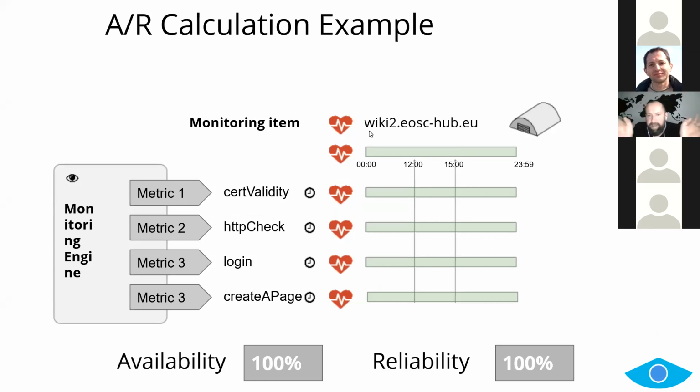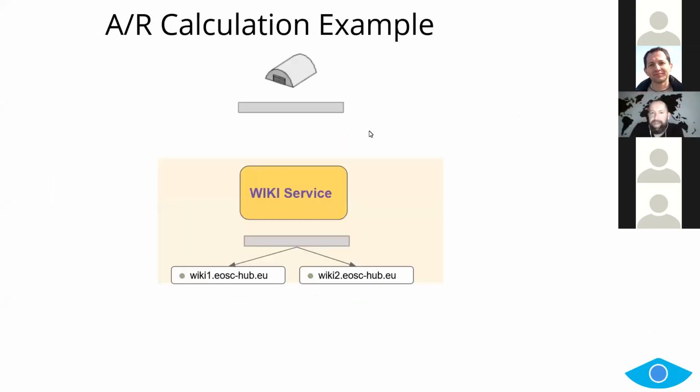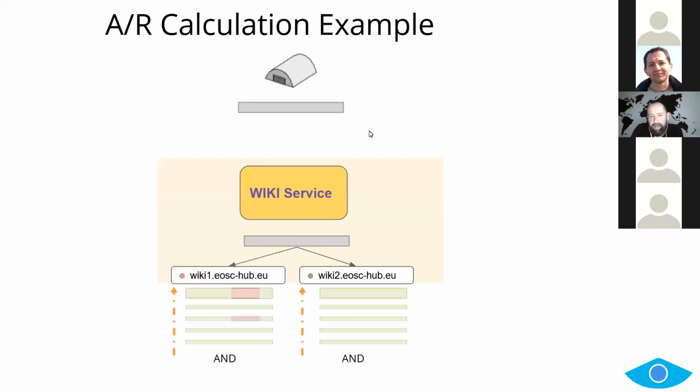So now the availability reliability engine will constantly calculate availability for all of these metrics, for all of these services, and then aggregate it to the level of service type, and then aggregate it further up the hierarchy. In this case, we had these two guys, and let's say that the operation between the metrics is AND. So when you summarize, this guy, as you've seen before, was unavailable for 3 hours, while this guy was available for the whole day.